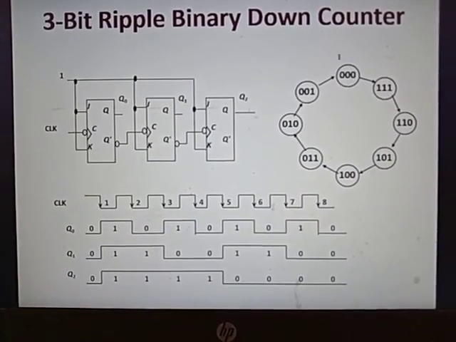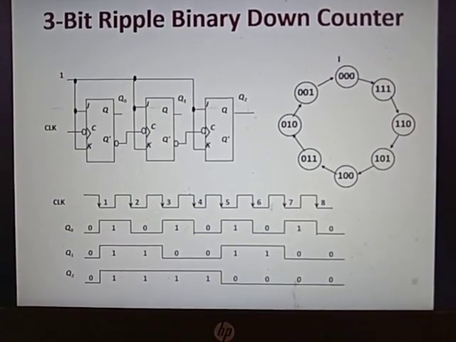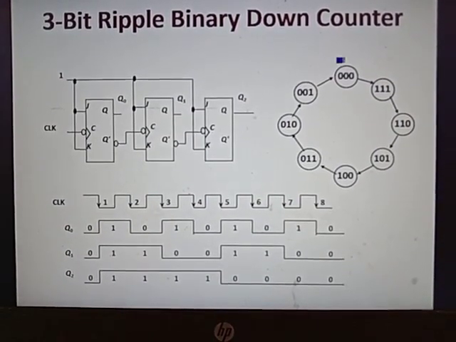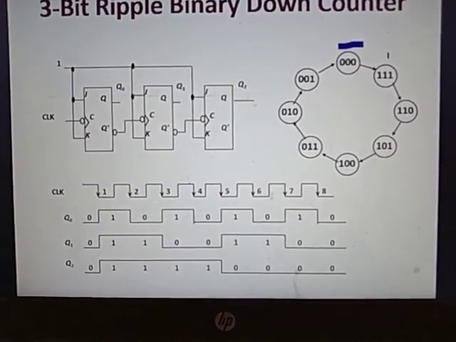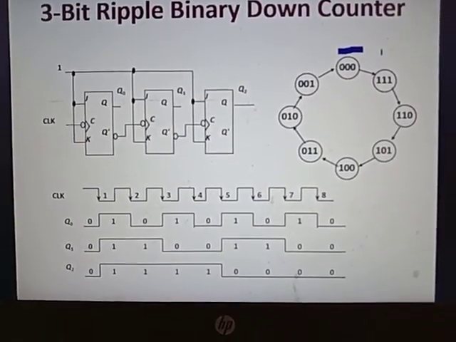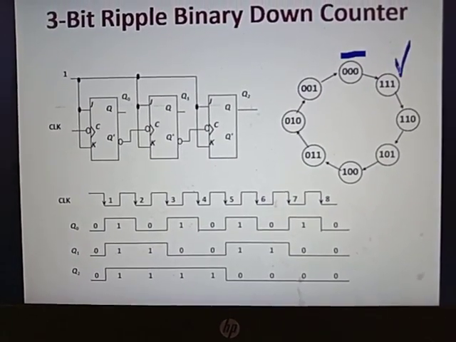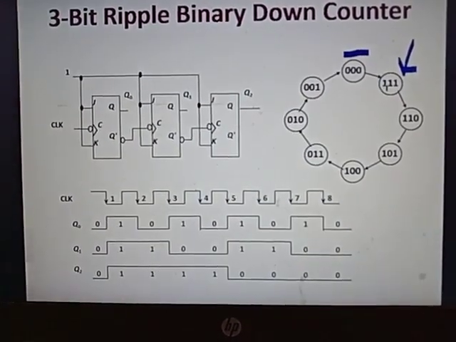Just look here. This diagram tells you how the counter proceeds. If I assume that I am starting from 1 1 1, it will be counting in decrement order.